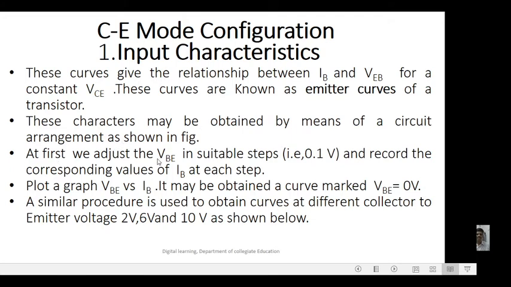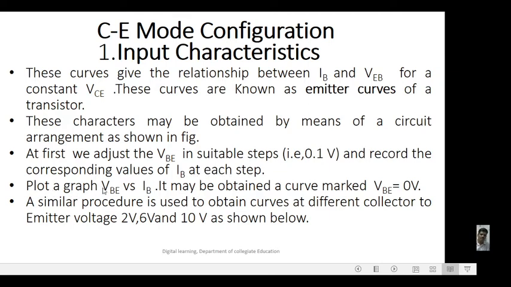At first, we adjust VBE, the voltage across base and emitter, in suitable steps, that is 0.1, 0.2, 0.3, 0.4, 0.5 and so on, and record the corresponding values of base current at each step.